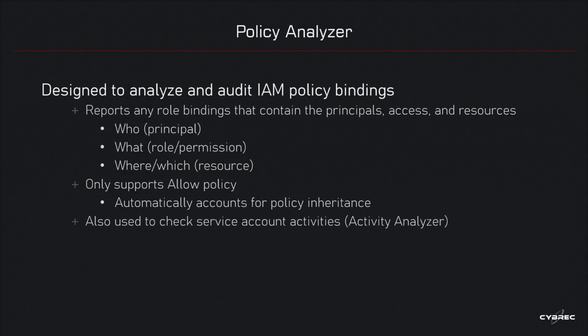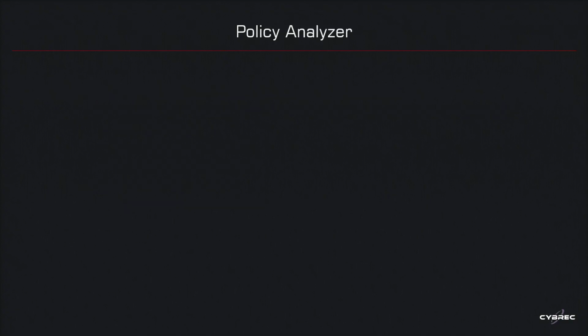Okay, this feature also supports some basic checks that you can run for service accounts. This is mostly to check the activities related to the service accounts. Like for instance, take a look at the service key usage, or maybe when a service account was used for the last time.